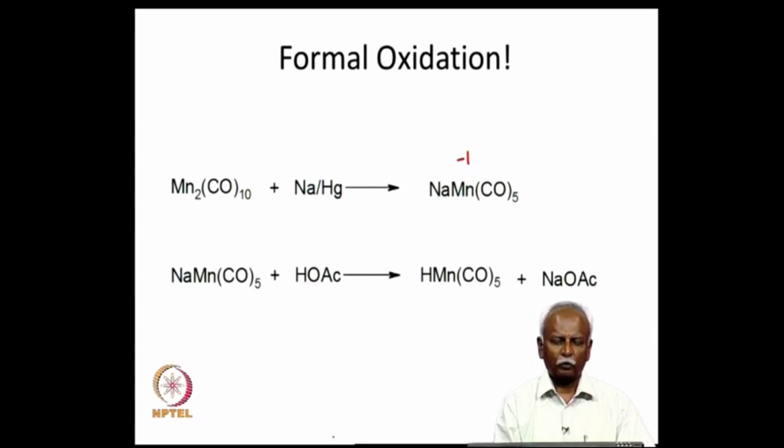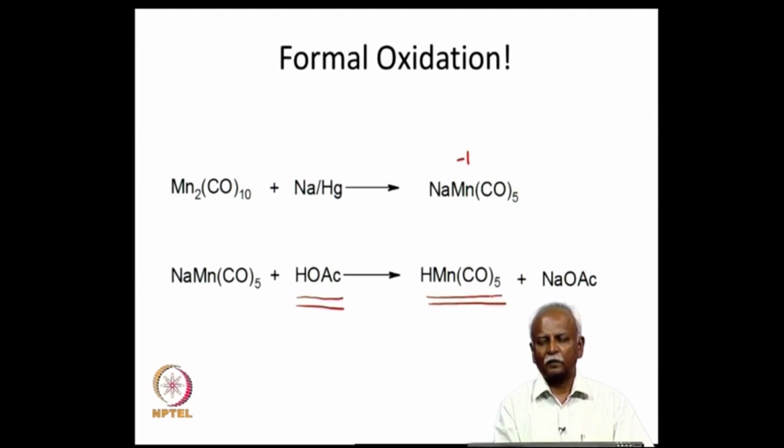So, this stable molecule now reacts with a proton, and that proton is coming from acetic acid, and so the proton is transferred to manganese and HMn(CO)5 results, the same HMn(CO)5 which we encountered in the reaction with hydrogen. In the course of this reaction, sodium acetate will of course be extruded.